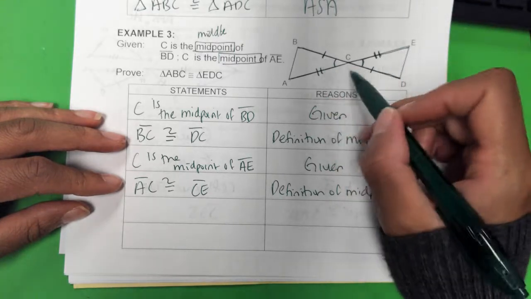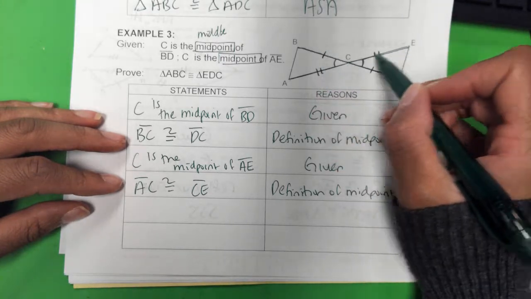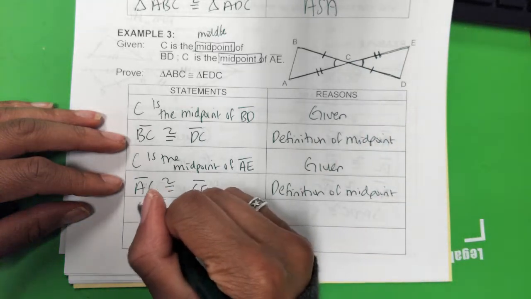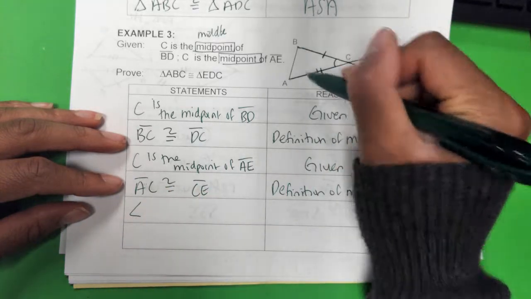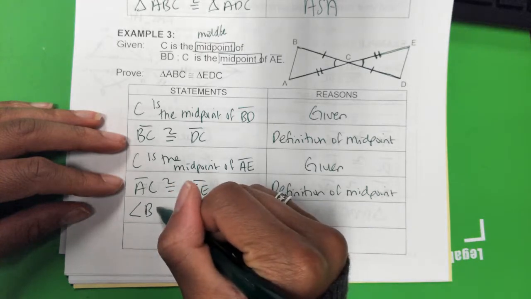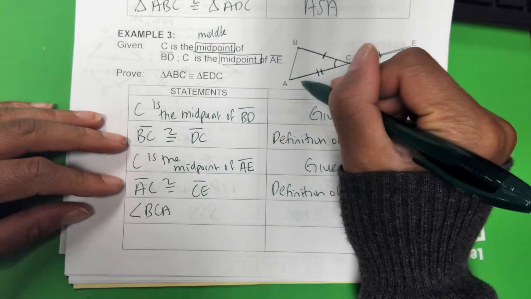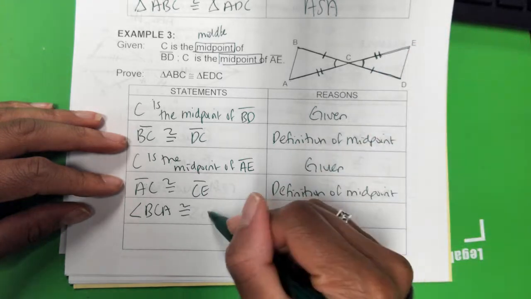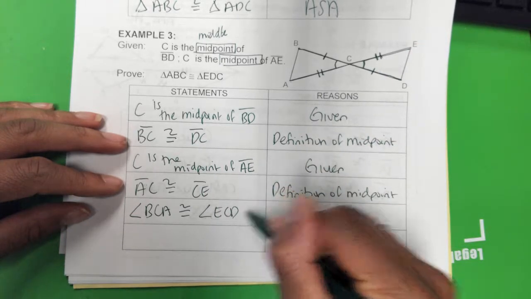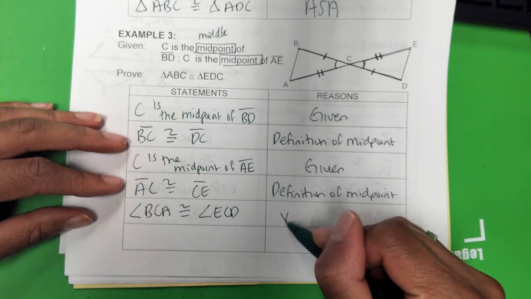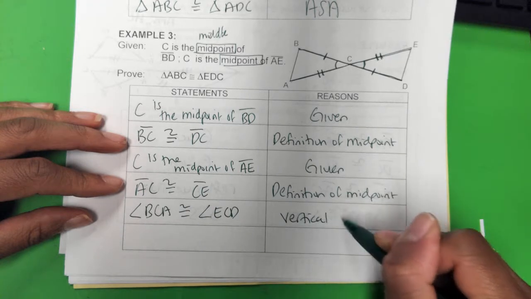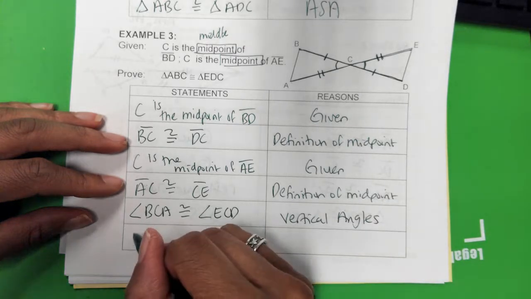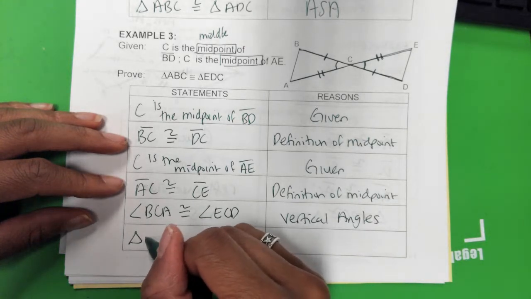They cross to make that X or a wide V, so think of that wide V stands for vertical. So, I have angle BCA is congruent to ECD. And that's because of vertical angles. So, I can write my last part of my proof.